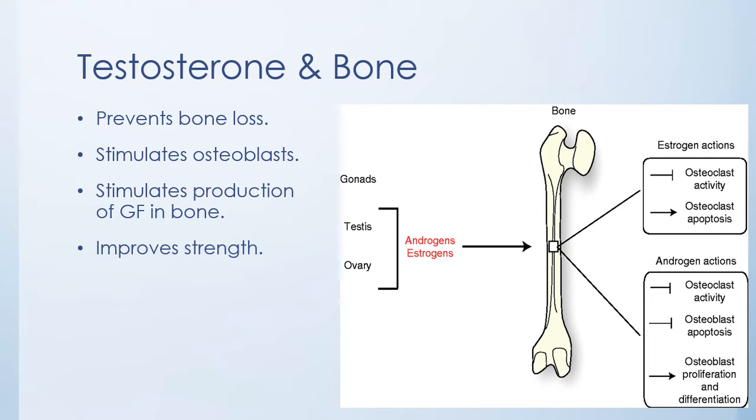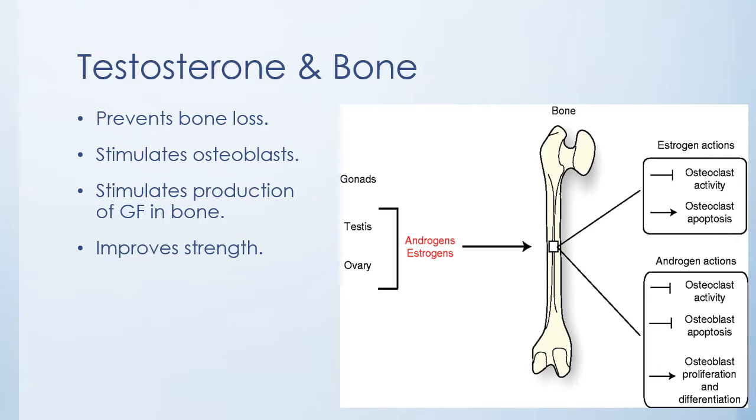Testosterone also prevents bone loss. It stimulates osteoblasts and stimulates production of growth factor in bone, and it improves strength. Talking about osteoblasts, I don't know whether you have learned about osteoblast and osteoclast, but if not, generally osteoblasts are the cells important to build and strengthen the bone.